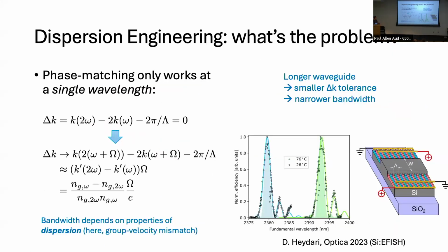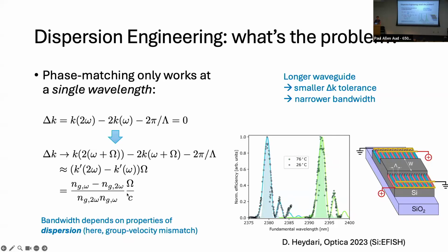Just an example of why dispersion engineering is important, and I pulled this figure from a paper from some of our collaborators over at Stanford: looking at any nonlinear process, the phase mismatch term is going to be a function of frequency. And with quasi-phase matching, you're able to set that to 0 at a given frequency omega. But now if I scoot over to another frequency, omega plus big omega, then you can see that for delta k, you have to expand out the k of omega.